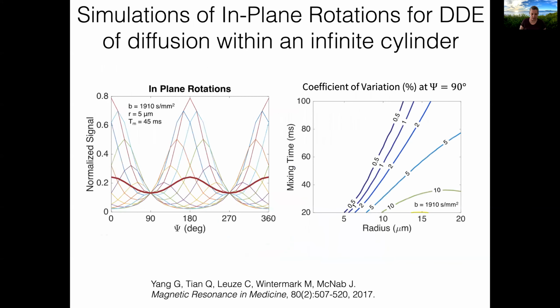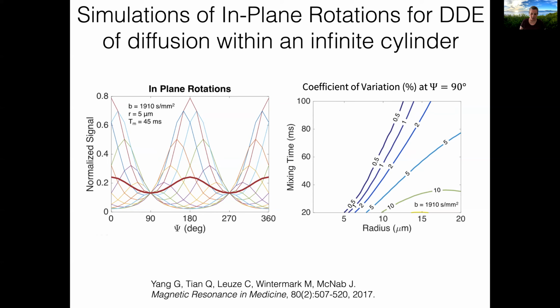So to look at this, we did some simulations of in-plane rotations for an infinite cylinder. The figure on the left shows results for the cylinder oriented along the x-axis with diffusion encoding in the xy plane. And the plot shows the signal modulation as a function of the angle between the two gradient pairs. Each thin line represents a different in-plane rotation of the gradient pair, while the signal modulation varies for different in-plane rotations.